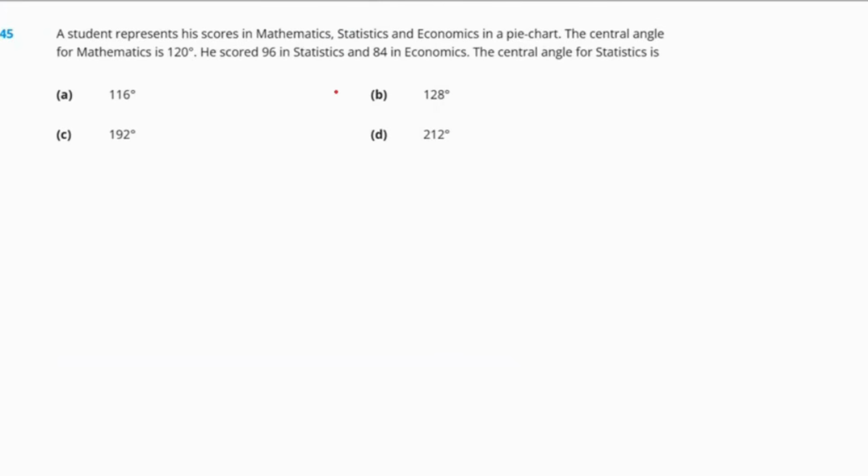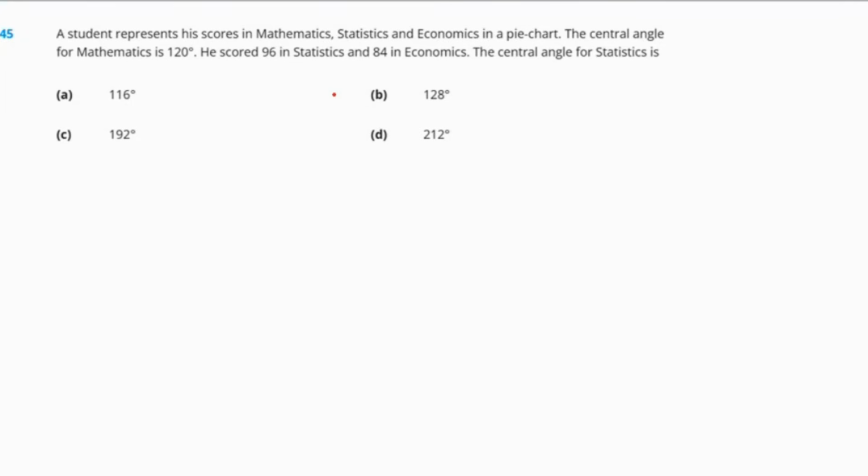Next. A student represents his score in mathematics, statistics, and economics in a pie chart. The central angle for mathematics is 120 degree, and he scored 96 in statistics and 84 in economics. The central angle for statistics is what? Okay, so the central angle for mathematics is given to us, and the score for statistics and economics is given to us. We are supposed to figure out the central angle for statistics.